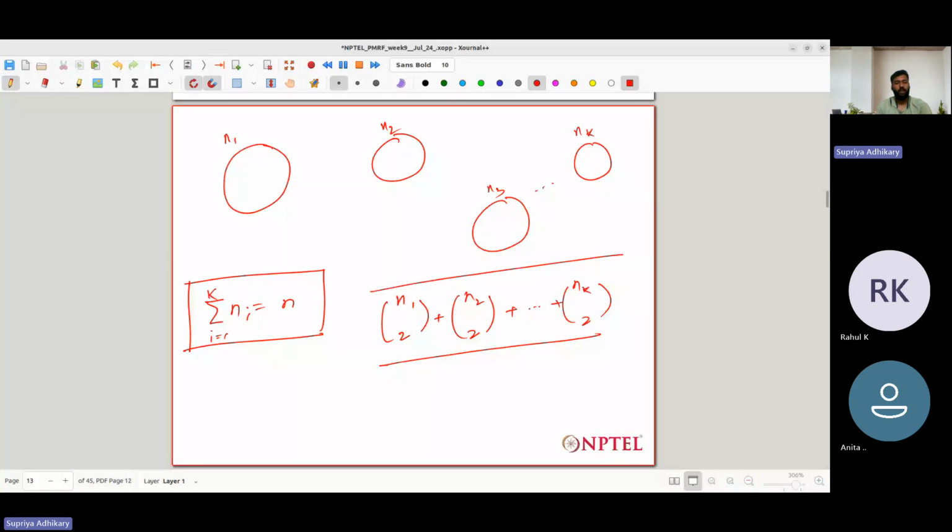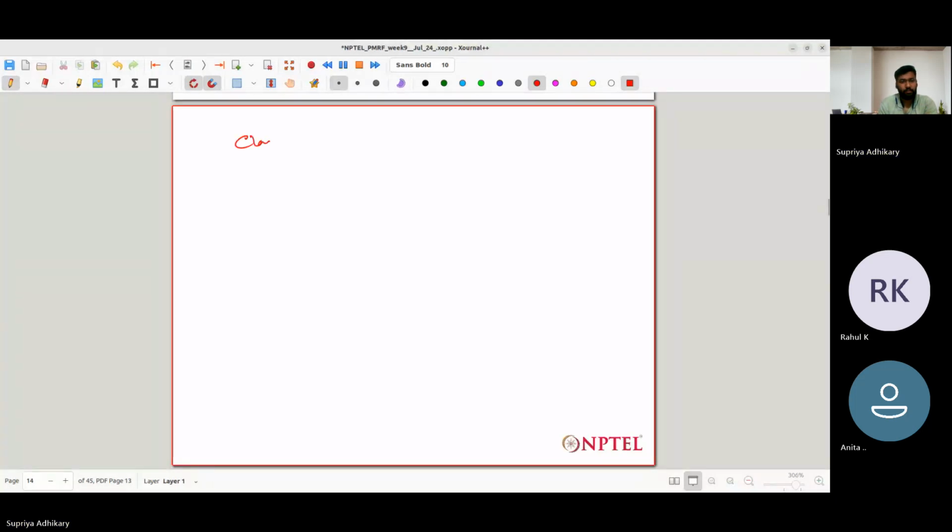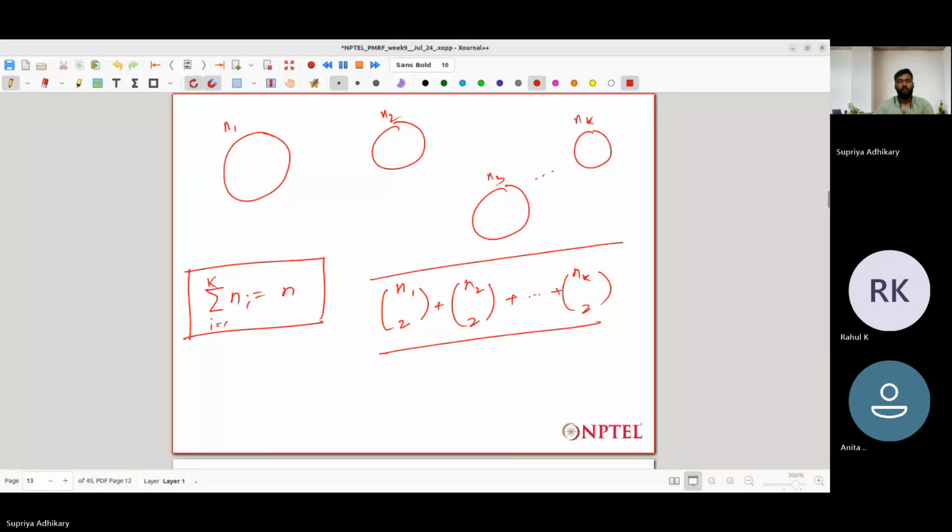Now, the first claim is that if we choose all these n_i values as follows, n1 equals n minus k plus 1, and n2, n3, n4, up to nk, all of these values we choose as 1, then for this particular case, we will find the maximum number of edges. So this is our claim.